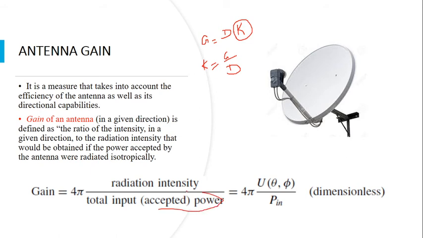This is your reference source, and this is the antenna under test. So it is the ratio of the radiation intensity of the antenna under test to your isotropic reference source. This is what we mean by the gain parameter.